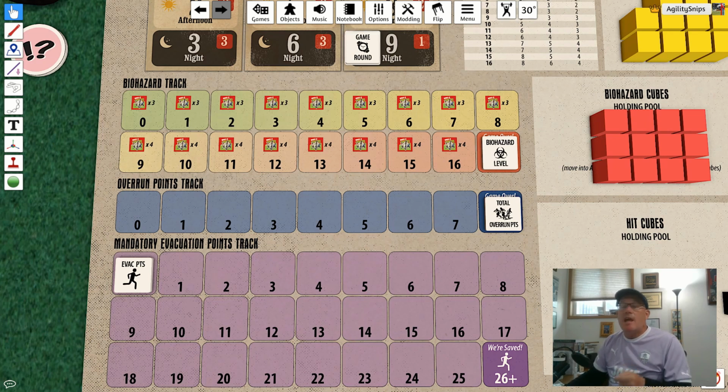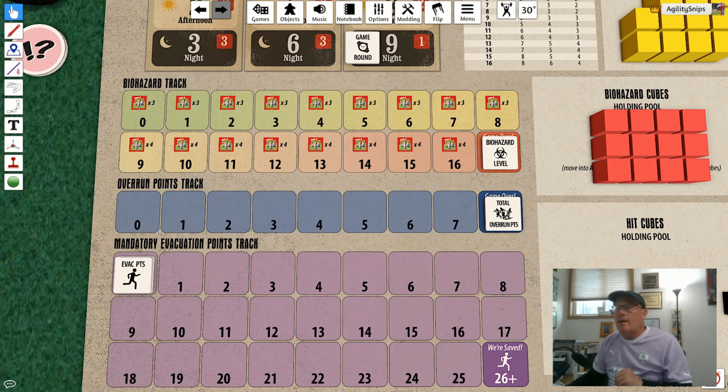If you reach game round 9, the end of game round 9, and you haven't lost the game, the next thing that you do is you check to see how many evacuation points you've gotten. Now remember, at this point, you have to go and check all of your compounds on the board and score points for any civilians that have reached the end of game round 9 and are inside of compounds.